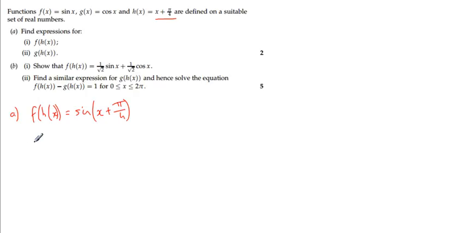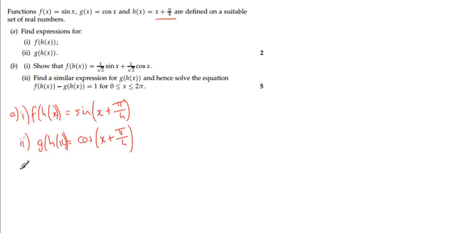Okay, for part 2, g of h of x means you're now putting h of x inside g of x, so this is going to go in here instead of the x, so it's cos of x plus pi over 4.